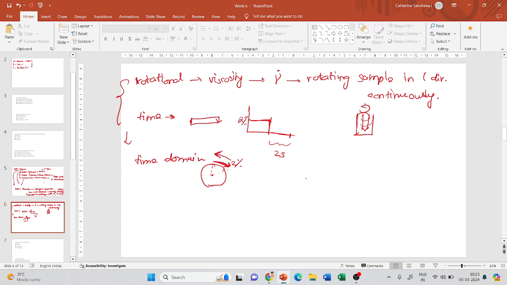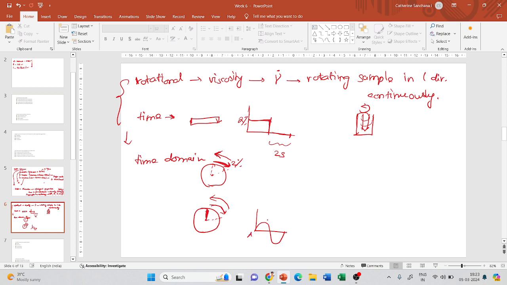In the case of a frequency domain test, this is my mean position. If I have to apply a sinusoidal loading, the top plate will first move in one direction, then again go back to the mean position.